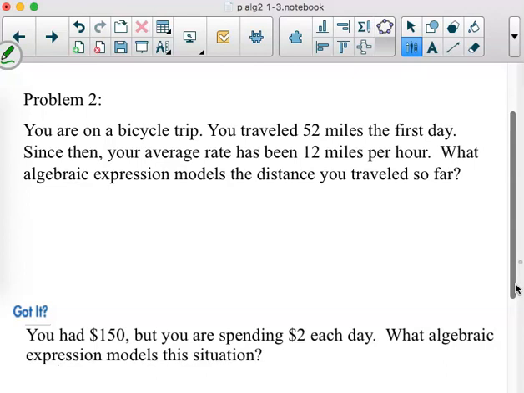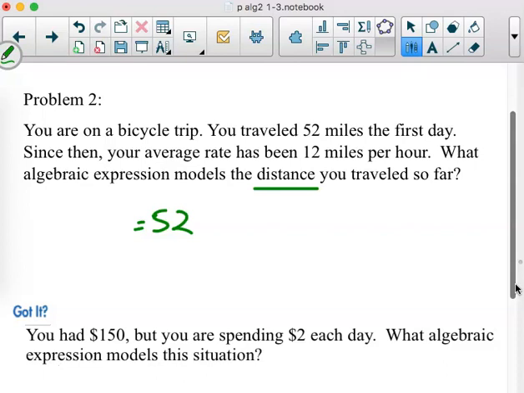So, they want me to model, I'm going to start at the end here, the distance that I've traveled. Well, they said 52 miles. But was it just 52 miles and you stopped? No. Because after that, since then, your average rate has been 12 miles per hour.